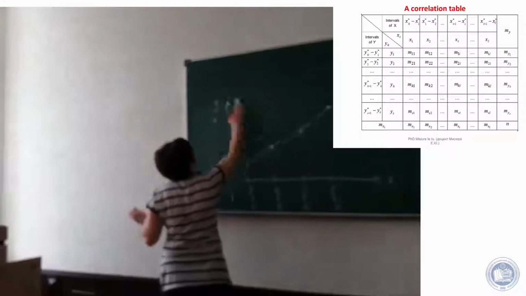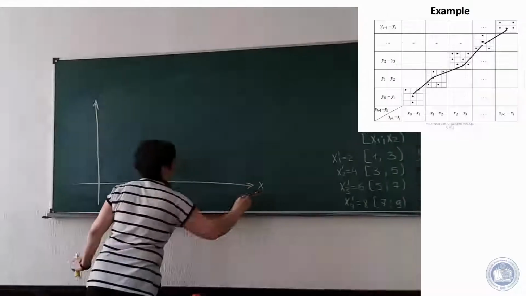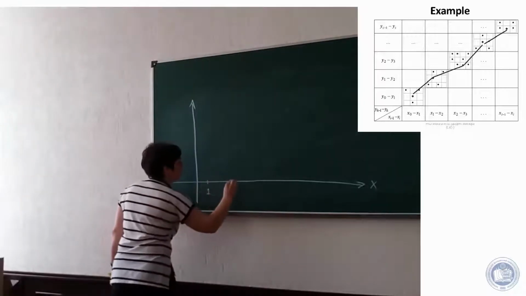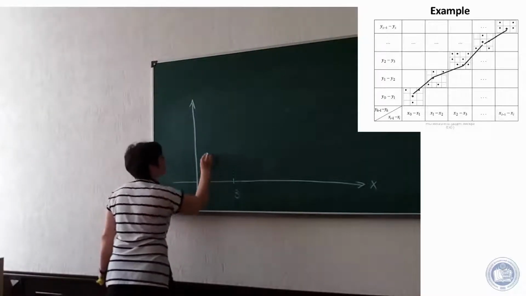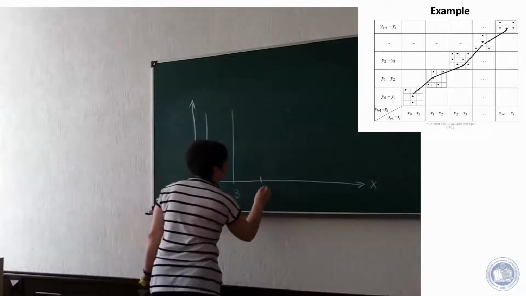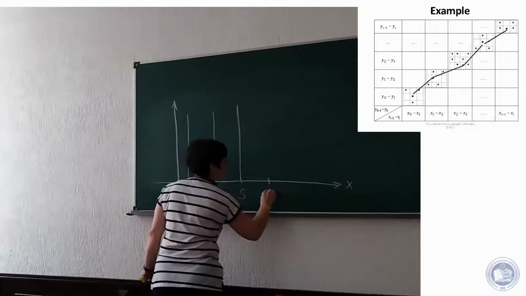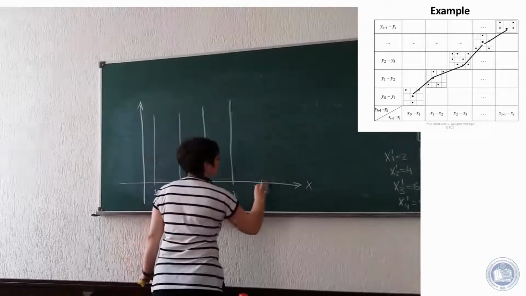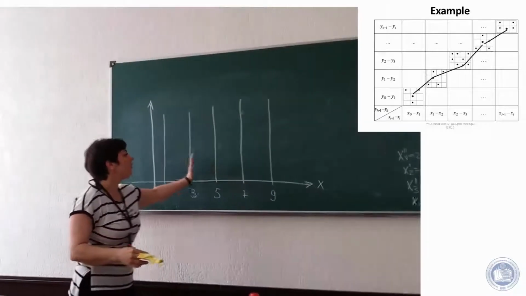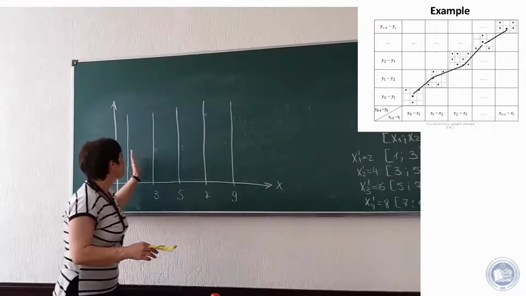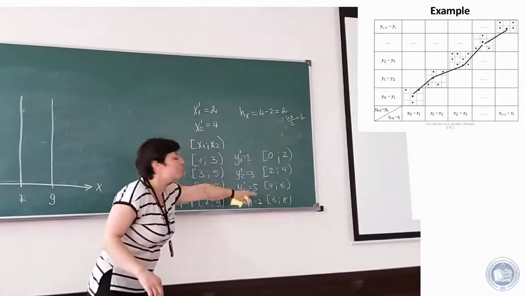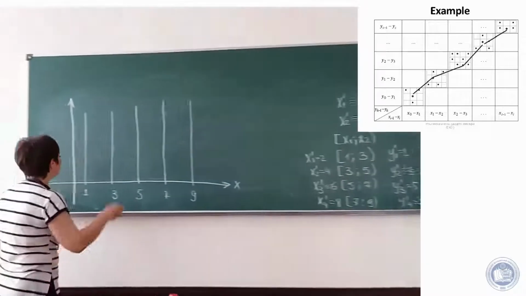Now let's plot this correlation. Okay, we have limits 1 and 3. Let's mark 1 and 3. Next, 5, 7, and 9. Students, we have 4 intervals for x. Let's mark with the help of columns. If you look at y, you can see 4 intervals of y.